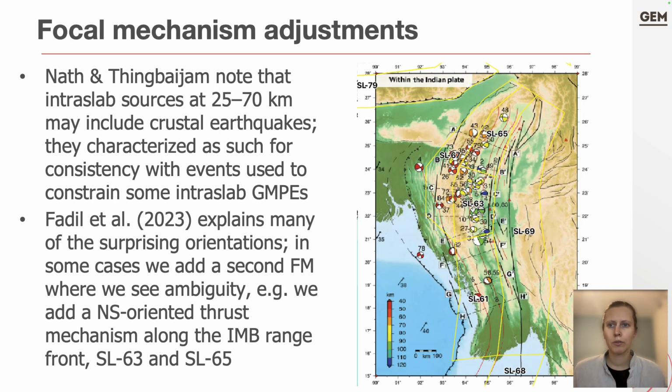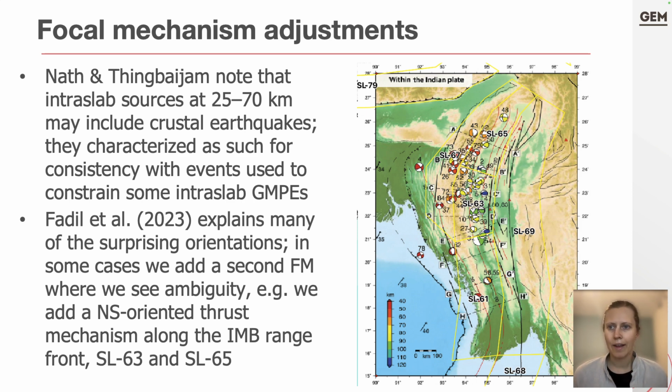And I won't go into great detail on all of the elements here. So I refer you to the paper, both the one for the PSHA model, as well as the recent focal mechanism compilation for those who are interested in knowing more. But I'll just summarize a few main points.